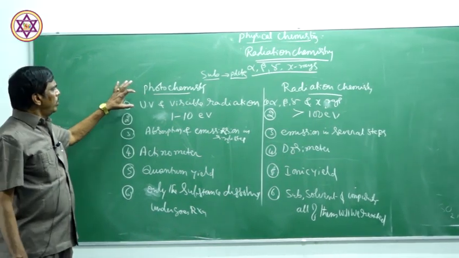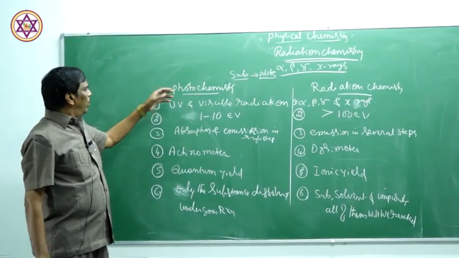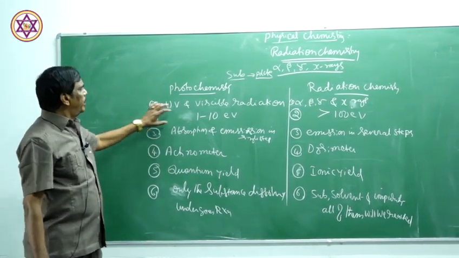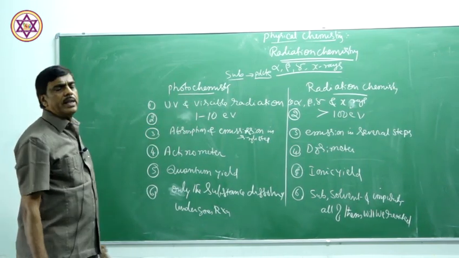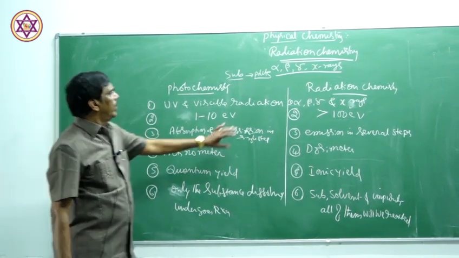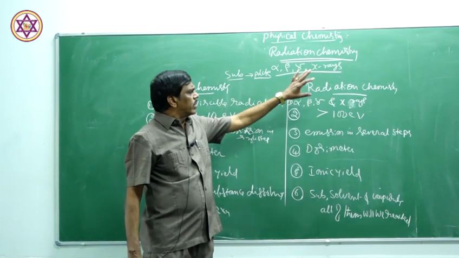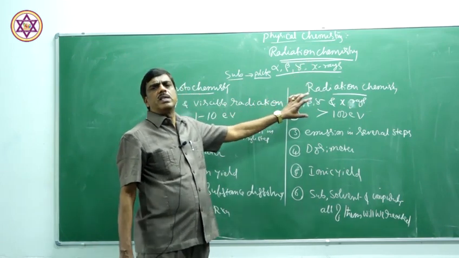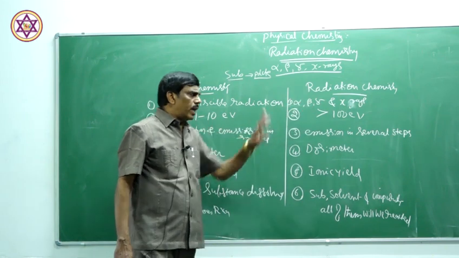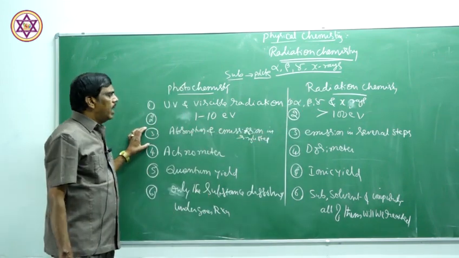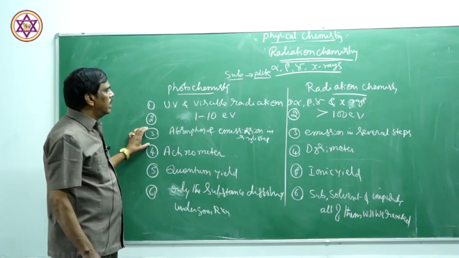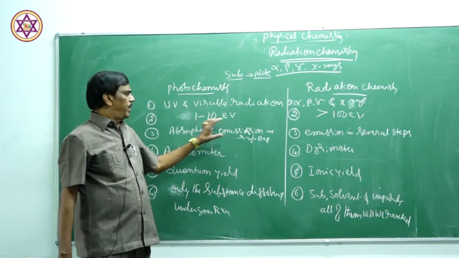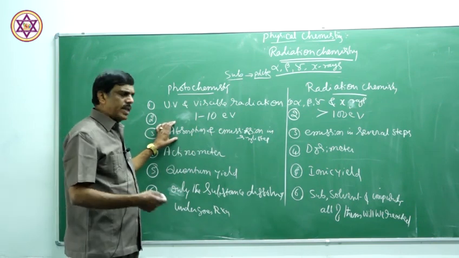In photochemistry, we use UV light or visible light, whose energy is between 1 to 10 electron volts, whereas here we use high energy alpha, beta, gamma radiations, and it always involves very high energy, more than 100 electron volts. In photochemistry, absorption takes place and the molecule undergoes excitation.